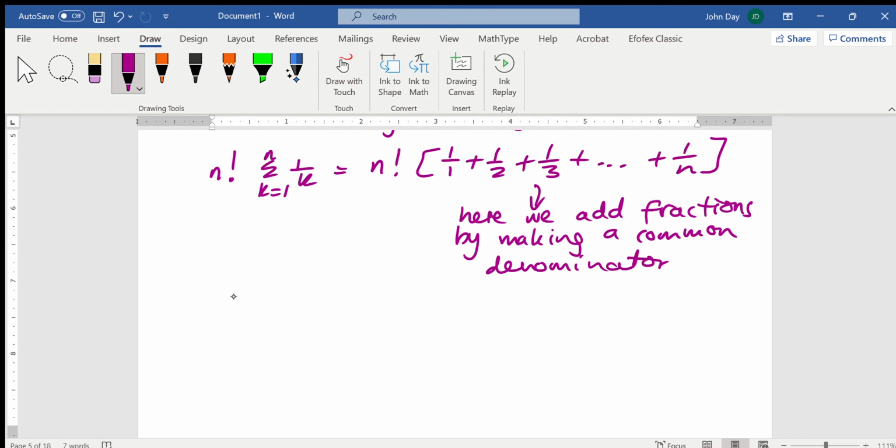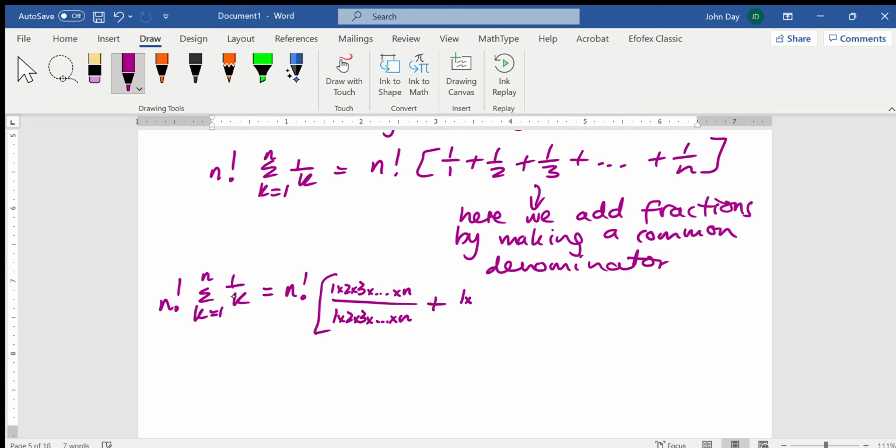Okay, so this is a bit of writing, but we'll try and cut it down because we've already done it for n equals 5 and n equals 8. But we get n factorial on, all right, so we need 1, 2, 3, all the way up to n, on 1, 2, 3, all the way up to n. That's 1 on 1, that's the first one. And then we need 1 times, and we miss the 2, and then 3, 4, all the way up to n, on 1, 2, 3, all the way up to n.